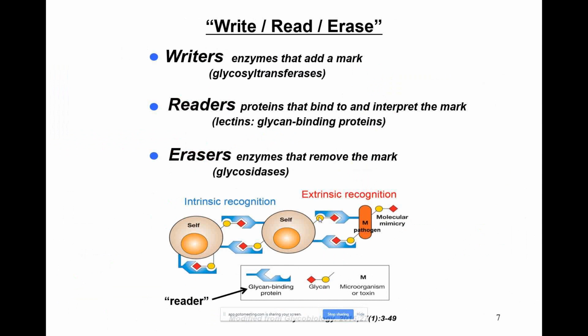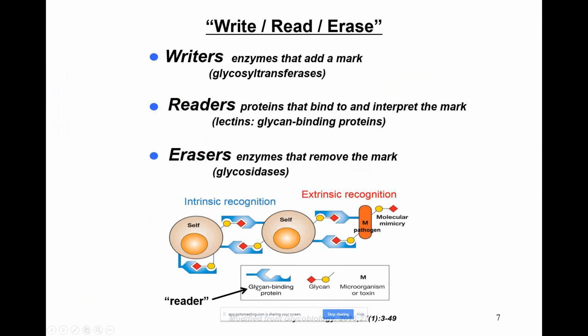The readers are the ones that are interpreting the mark. You've already seen in the course that there are lots of different types of glycan structures. The challenge is to understand how the cell can interpret all of that different information encoded into a glycan structure. So we have these glycan binding proteins.